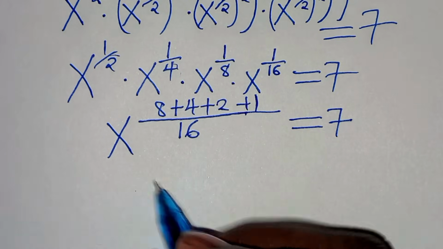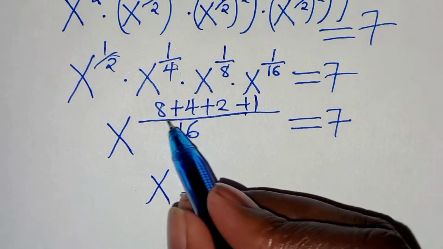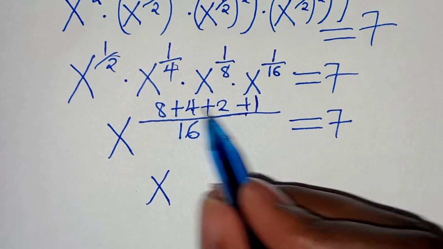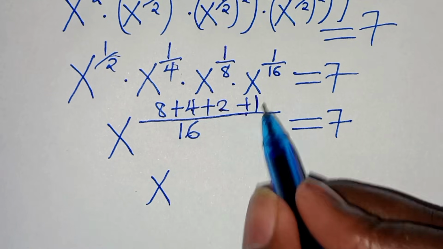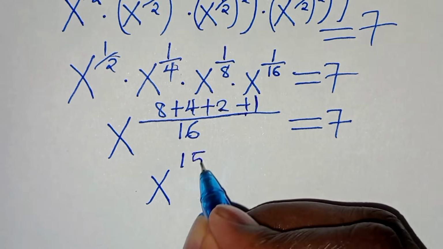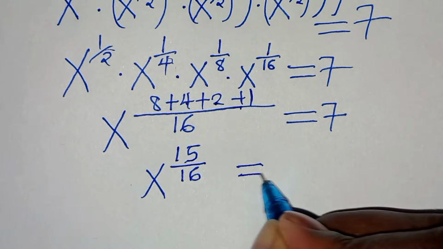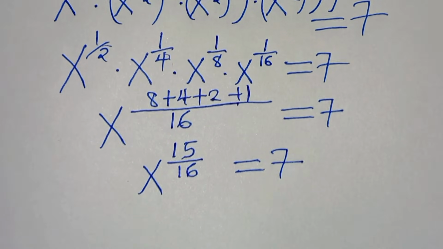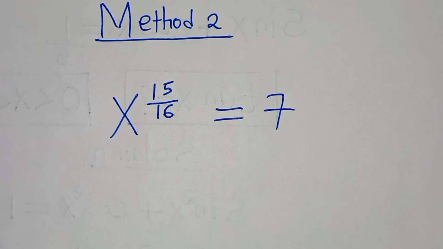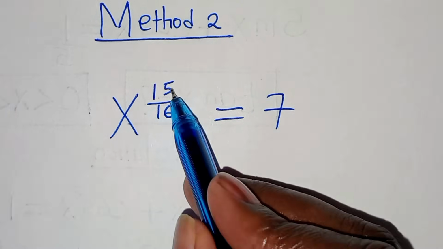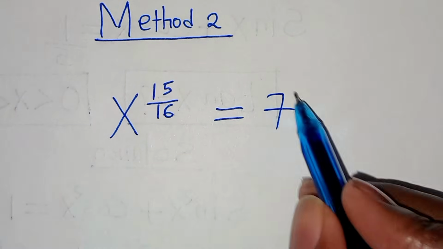Okay, so we have x raised to the power of 8 plus 4, this is 12, plus 2, this is 14, plus 1, this is 15. So we have x to the power of 15 over 16, this is equal to 7.